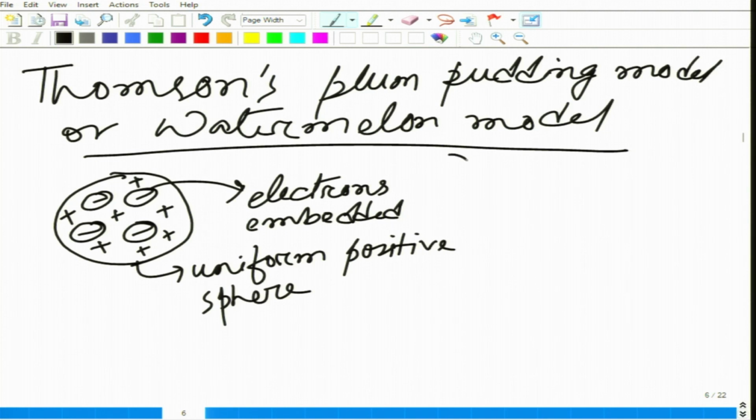But this model had very clear drawbacks. The first one was the mass should be equally distributed then.